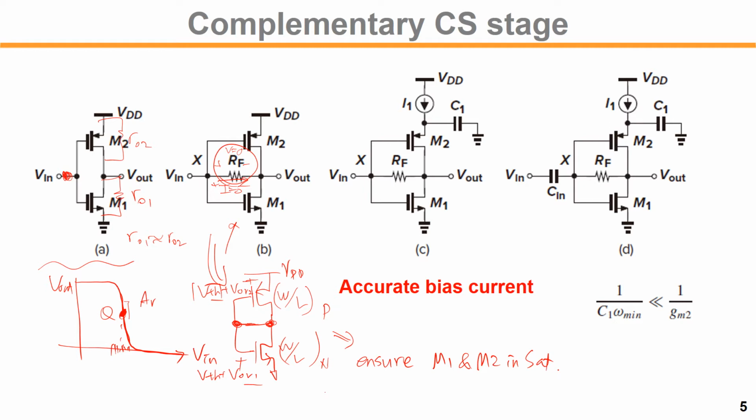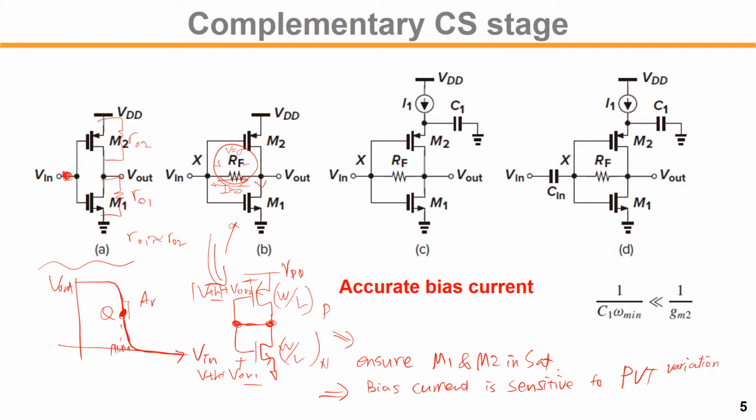But the problem is that the bias current is sensitive to PVT variation. Why?